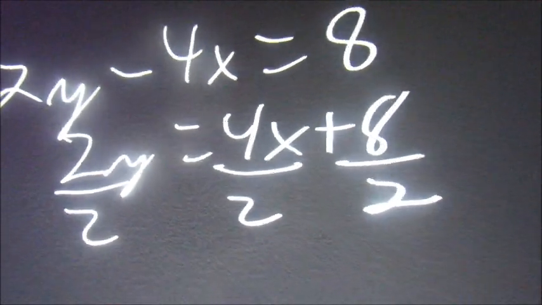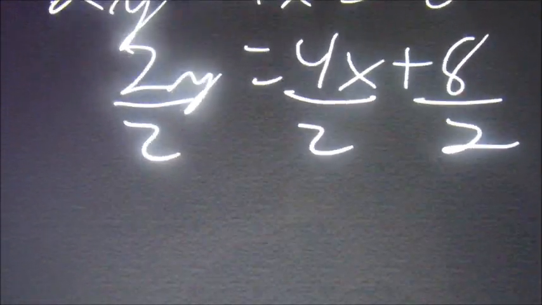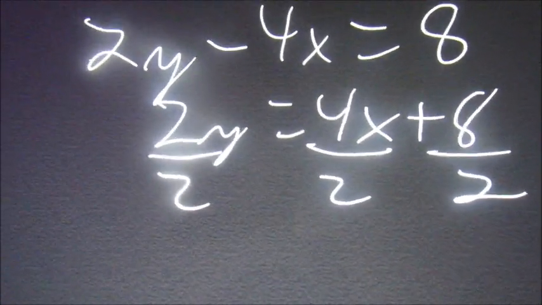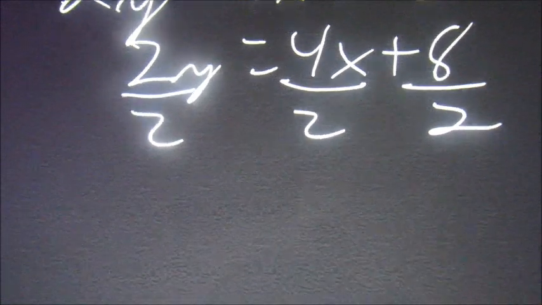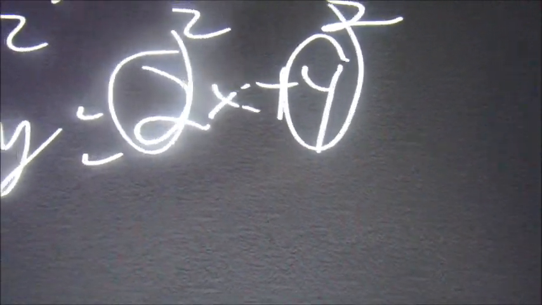This isn't like normal algebra where you would just put everything over 2. This makes it easier in order to keep it in slope-intercept form, and it's especially true when you end up with some kind of a fraction. So here y equals 2x plus 4. Slope is 2 and y-intercept is 4.